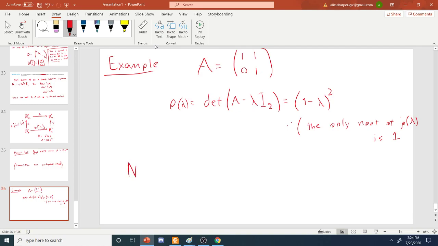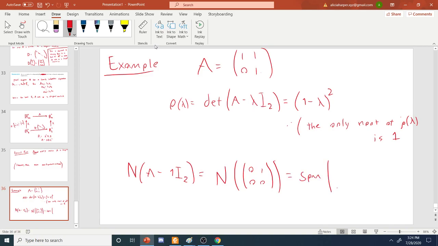So now let's try to compute the null space of A minus 1 times I2. Well, this is the same thing as the null space of the matrix 0, 1, 0, 0. And the null space of this is easily checked to be the span of the vector 1, 0. So this matrix has only one eigenvalue and only one eigenvector associated with that eigenvalue.